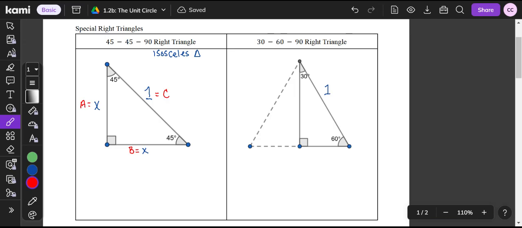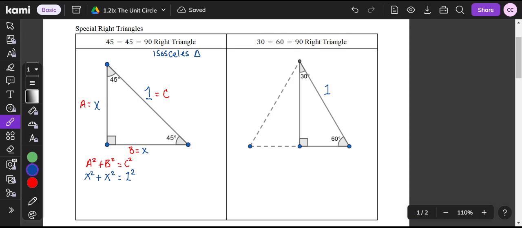When I set up the Pythagorean theorem, it should look something like this: a squared plus b squared equals c squared. That's the theory. Then we replace a, b, and c with the values that we already know. I know a is x, I know b is x, and I know c is 1, and I'm going to solve for the value of x.